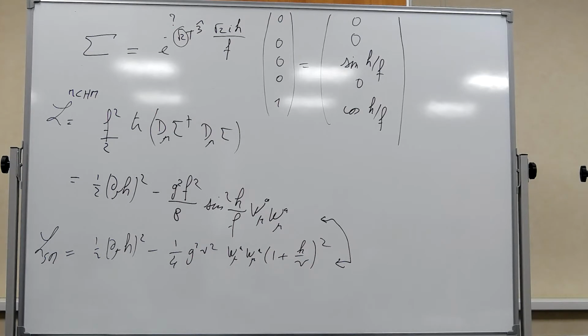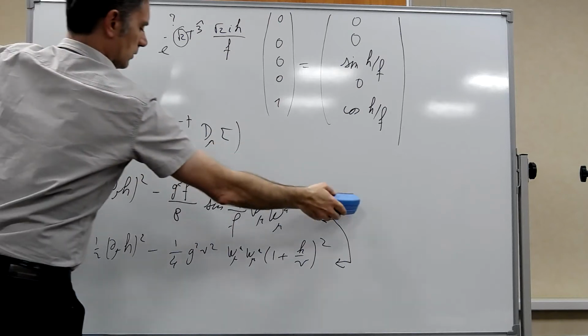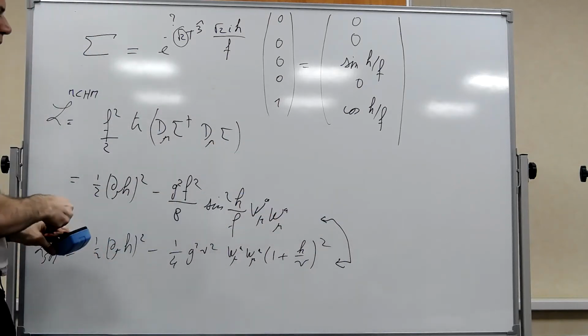So what is this thing? This is sine squared of the vev H, plus the derivative of sine squared theta, which is 2 sine theta and cos theta. The derivative of sine is cosine, times delta H over F. Then you need to go to the quadratic level.